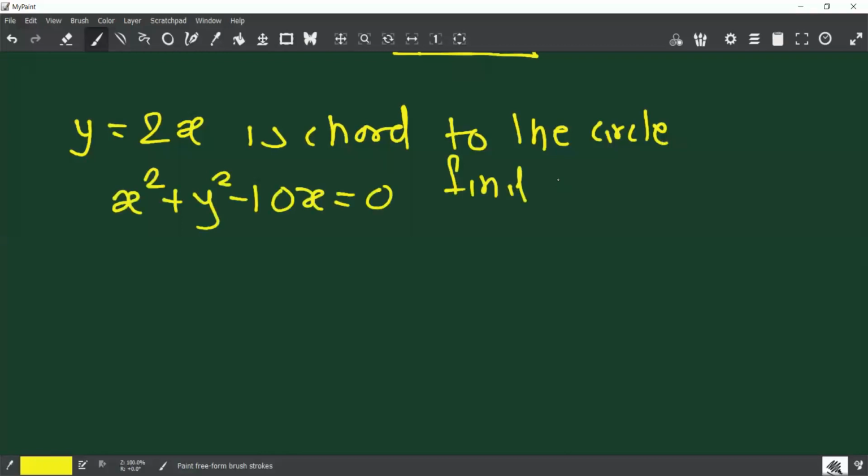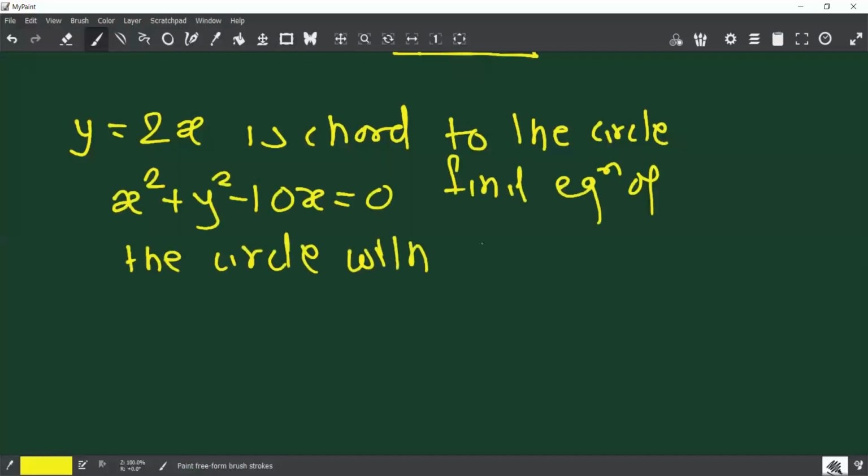Find the equation of the circle with this chord as a diameter.